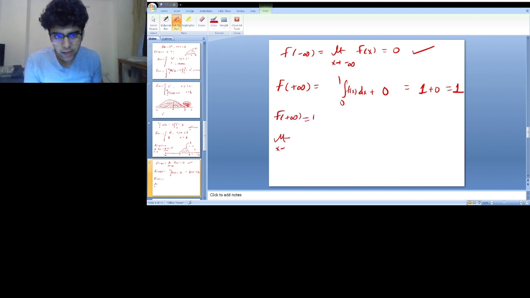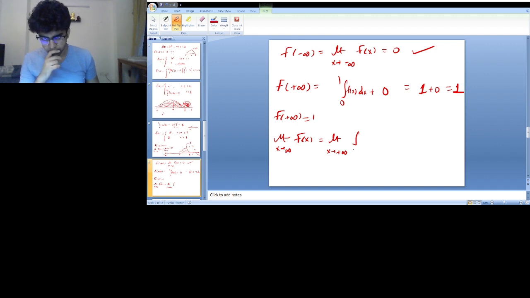Similarly, the limit as x goes to positive infinity of F(x) will again be equal to 1, right? I can write this as the limit as x goes to positive infinity of the integral from negative infinity to x of f(x) dx. Now I can substitute positive infinity here, so the integral from negative infinity to positive infinity of f(x) dx.